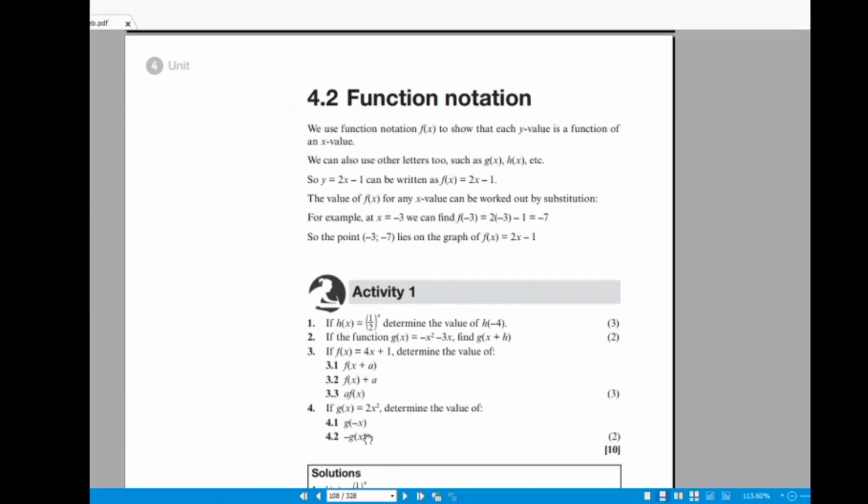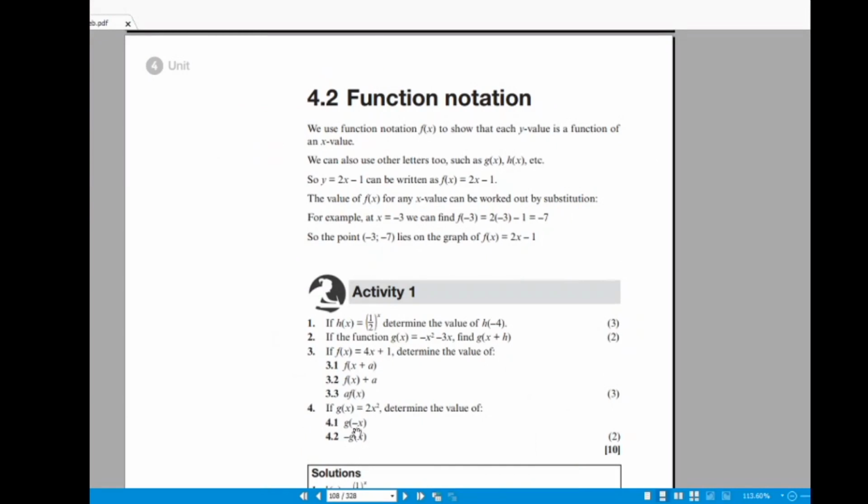So you have to know what this means. And now in answering question E, I'm substituting minus x there. I'm saying f of minus x, and we did have that in our very first exercise of this revision. So this exercise is important. You have to know how to interpret whatever is happening here, right? So if you still don't understand what's happening here, let me know, so that I can explain to you.